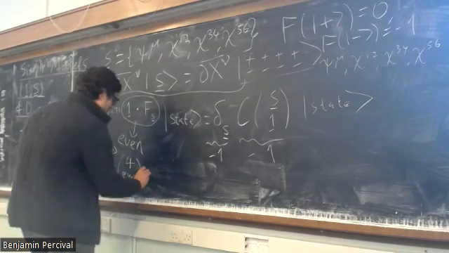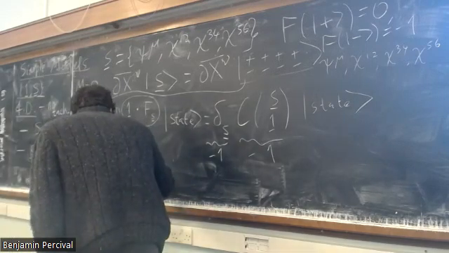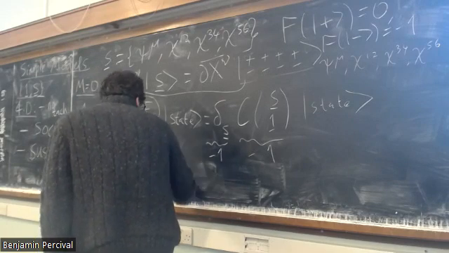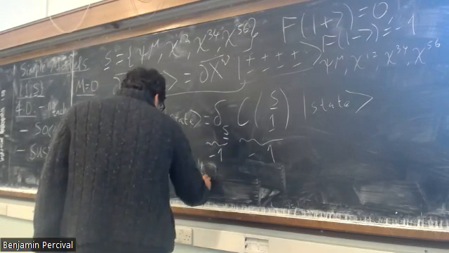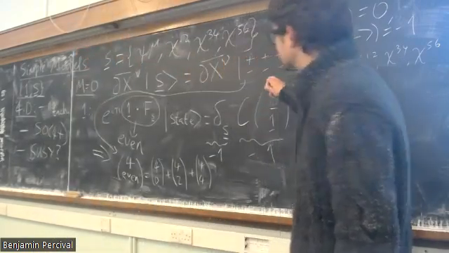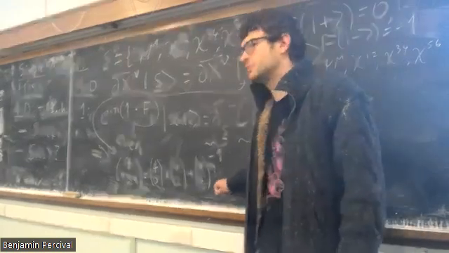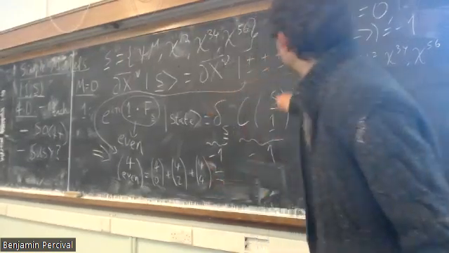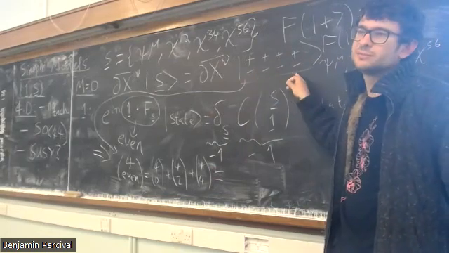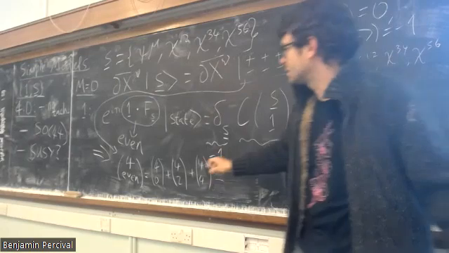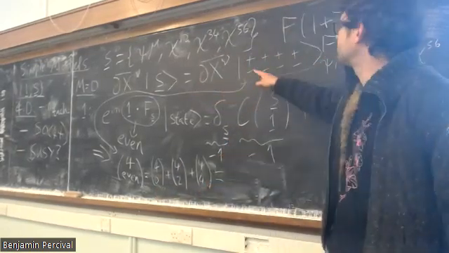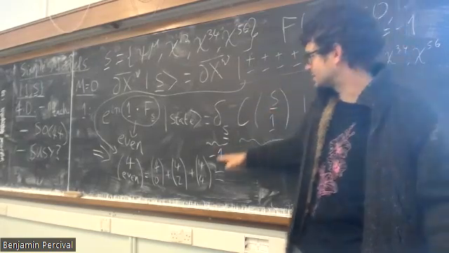So what this means is 4 0 plus 4 2 plus 4 4. For there to be an even number of minuses here, you could choose all of them plus. You'd have 4 pluses. That means this one. You could choose all minuses, so minus, minus, minus, minus. That's this one, 4 4.